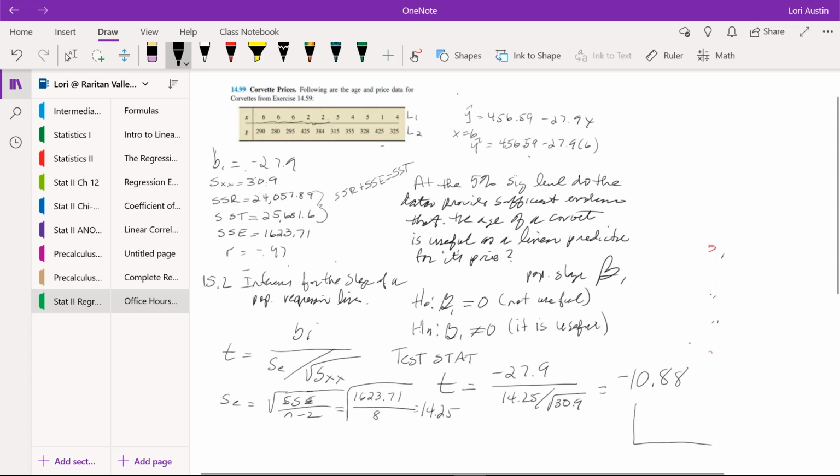Yeah, it's n minus 2. So you want to go to a T table, which I don't have in front of me actually. Oh, no, I do have it in the book here. That's right. So go to a T table. We did the 5% significance level. So to get a critical value, we're just going to look up T.05 at 8 degrees of freedom.